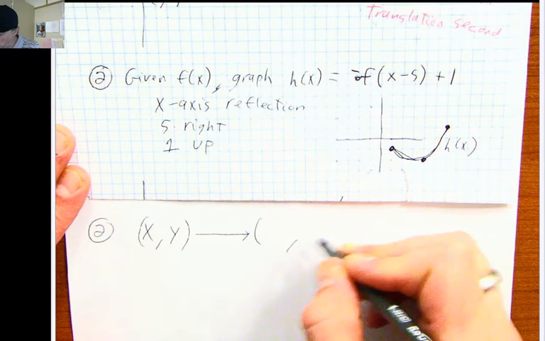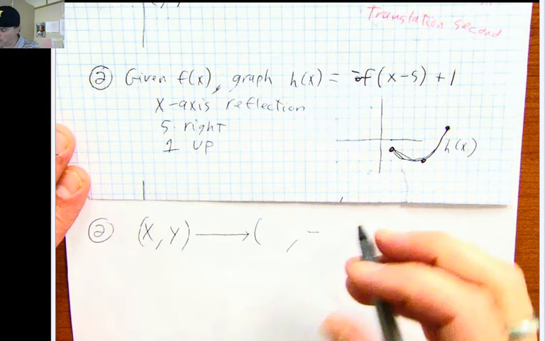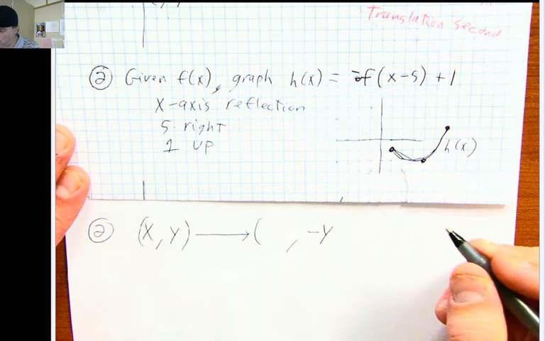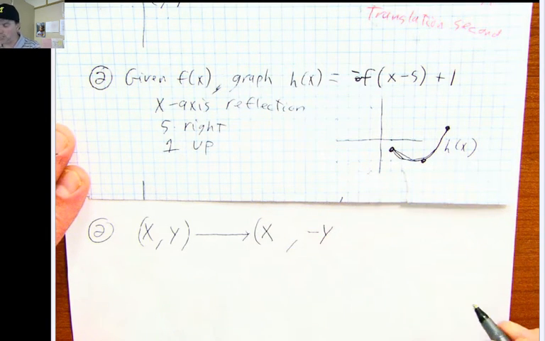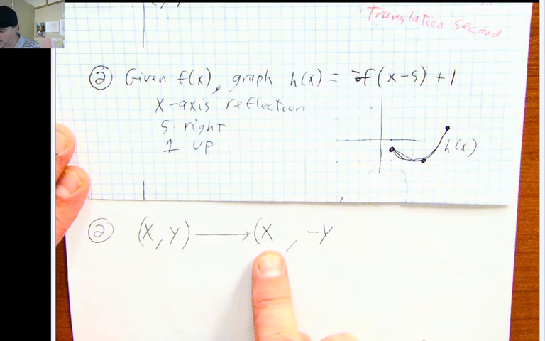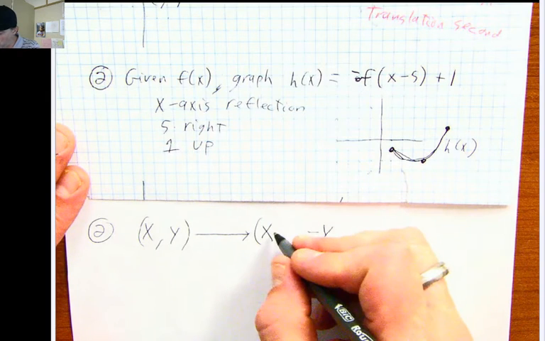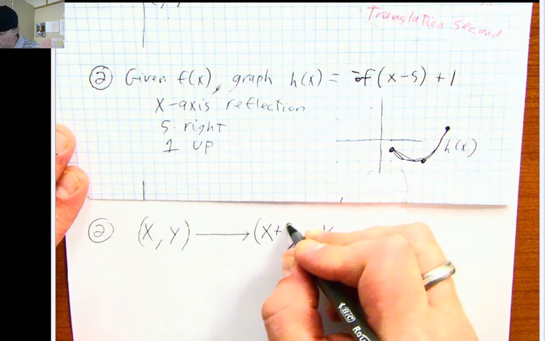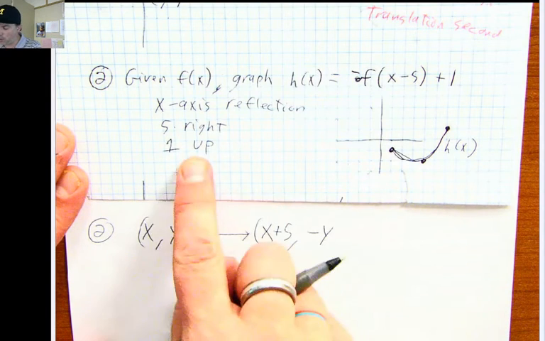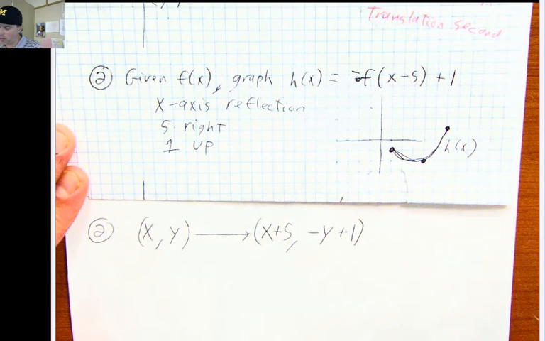So, because it affects the y-coordinates, it's the y-coordinate that's being changed. So I'm going to have this negative y. There's no y-axis reflection, so it stays x. And then from there, you're going to go 5 to the right. And if you're going 5 to the right, you're adding 5 to the x-coordinates. And if you're going 1 up, you're then going to add 1 to the y-coordinates.